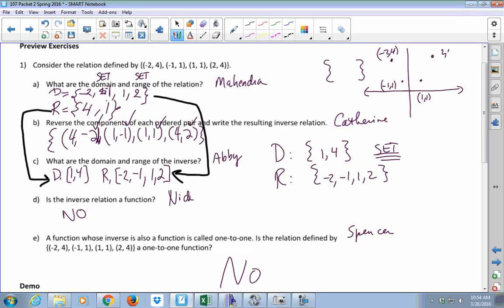Okay, so this is the only thing. If you say the domain goes like this, then what you're saying is that this interval from -2 to 2 defines the domain, which means that every single point on the number line from -2 to 2 has an output, and it doesn't.